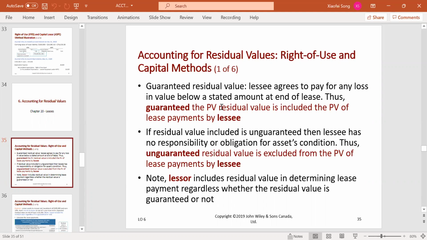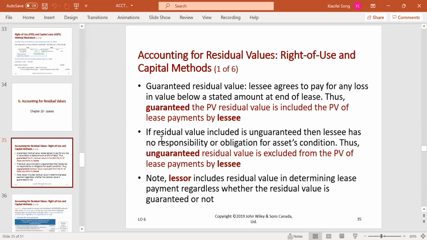In the example we are going to show subsequently, the lessee goes very conservatively and capitalizes the entire guaranteed residual value, but knowing that it could be less.